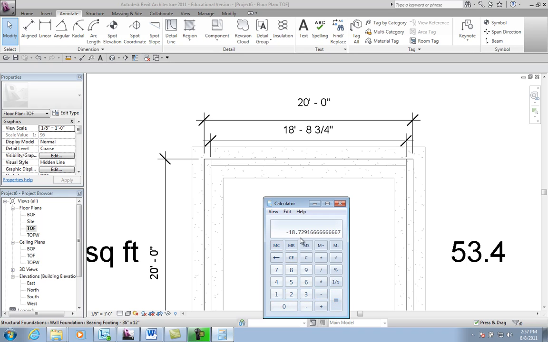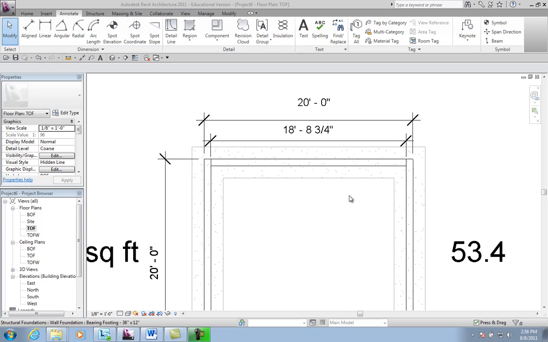And you end up with 18.729. If you calculate this right here on down, it would be very close to 18 foot 8 3/4.